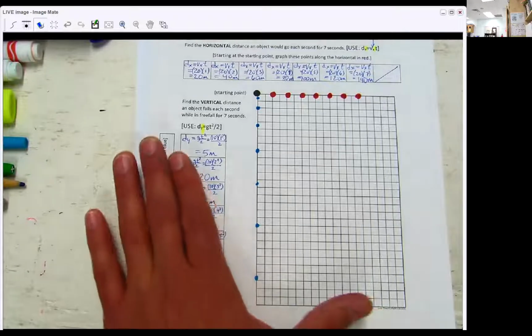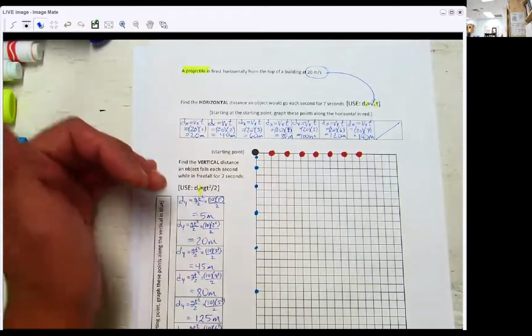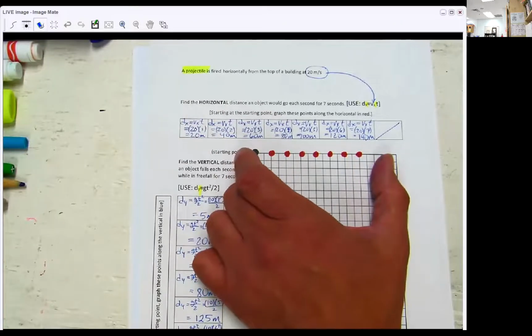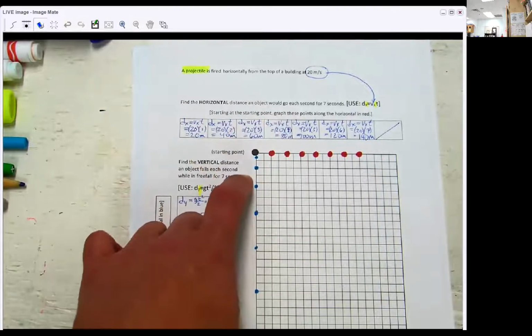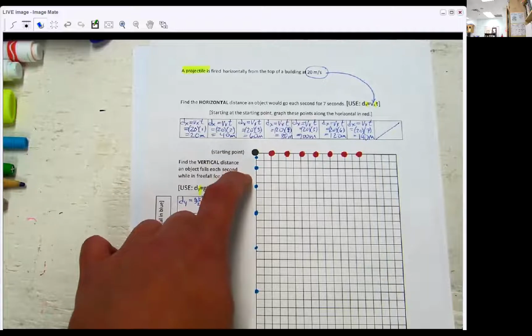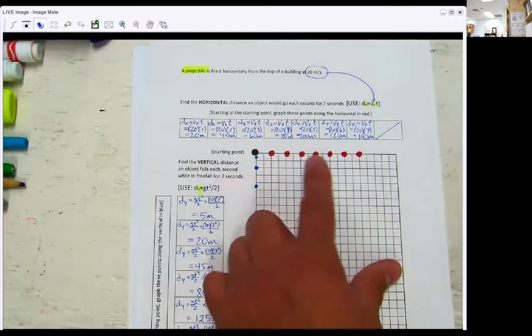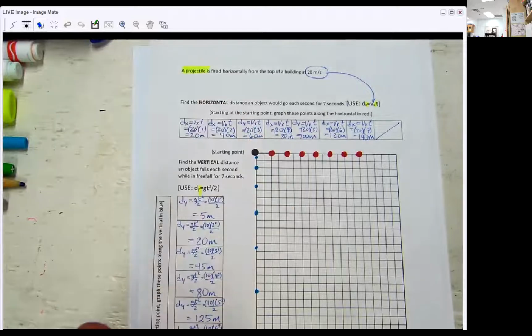But when we start looking at projectile motion, at projectiles, they don't just have horizontal motion and they don't just have vertical motion. Instead, they have a combination of both at the same time. It's not only moving horizontally, but it's also moving down at the same time.